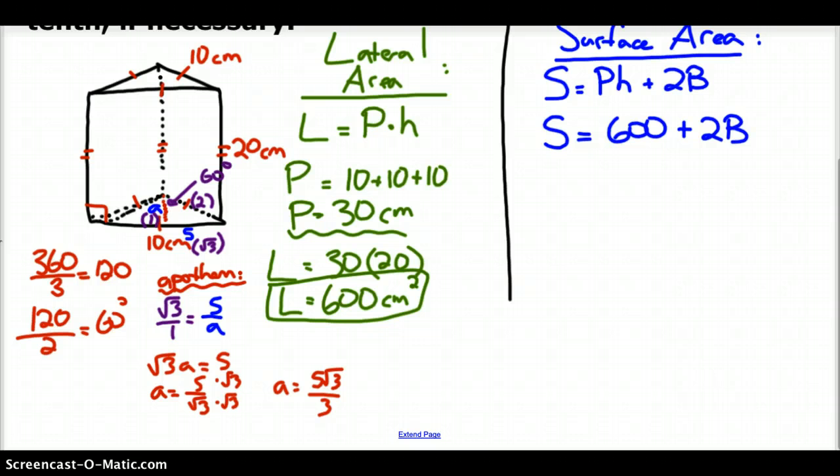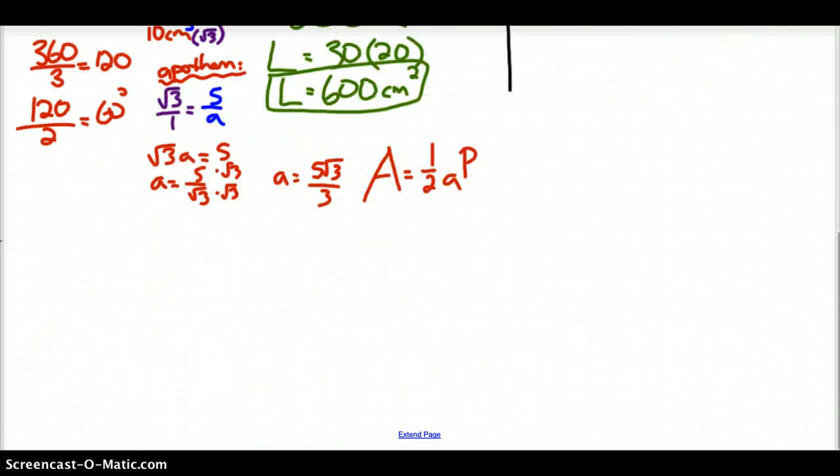Okay, I'm still not done yet. I know my apothem and I know my perimeter, so I have to say that the area of my base is equal to 1/2 times the apothem times the perimeter. So this is going to be 1/2 multiplied by 5 rad 3 over 3 multiplied by my perimeter, which we said was 30.